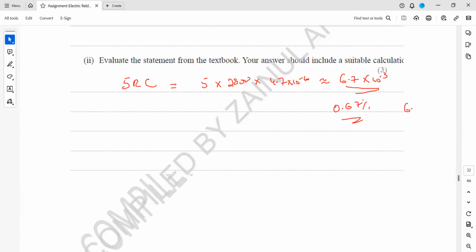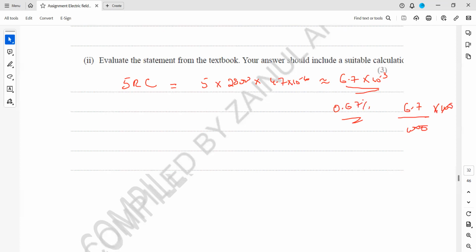Because it will be 6.7 divided by 1000, 10 power minus 3. And if we want to convert into a percentage, we multiply by 100. So when we simplify this, it will be about 0.67%.